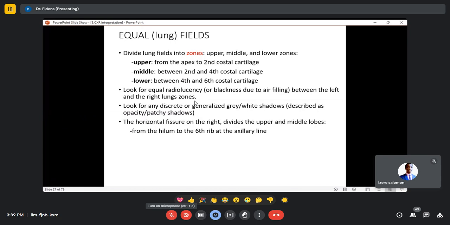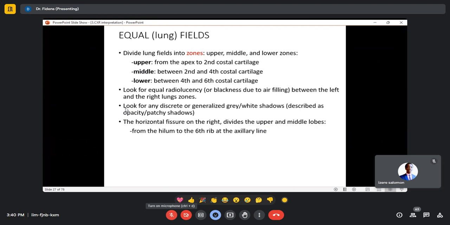Is there any asymmetry? Is there any opacity somewhere, any nodule, small opacity, any asymmetry in size? After that, you go to the middle zone, left and right. You compare them very well, and you go to the lower zones.